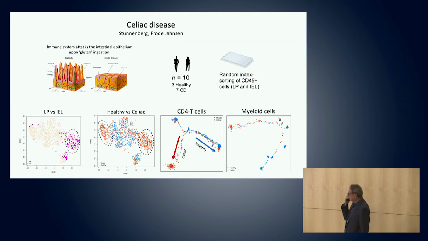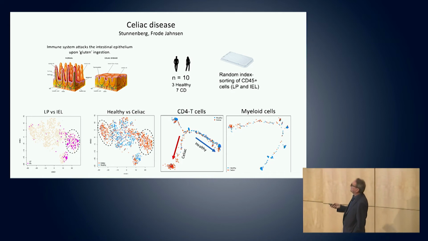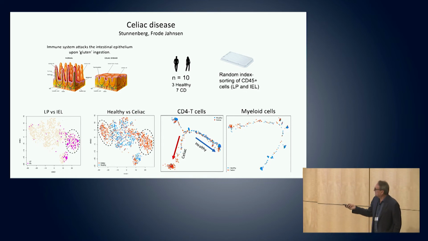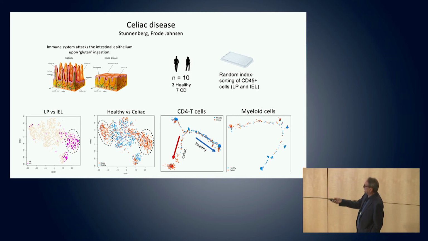That brings me to a slide that I know a bit better, which is our own work, basically looking at celiac disease, and that's a collaboration with Frode Jansen in Oslo. We've been, at this point, able to look at 10 different patient samples, and since the time is running, I'll just give you 2 examples here, what happens in the CD4 T cells, and in blue is marked the healthy ones, and in brownish red, the celiac.